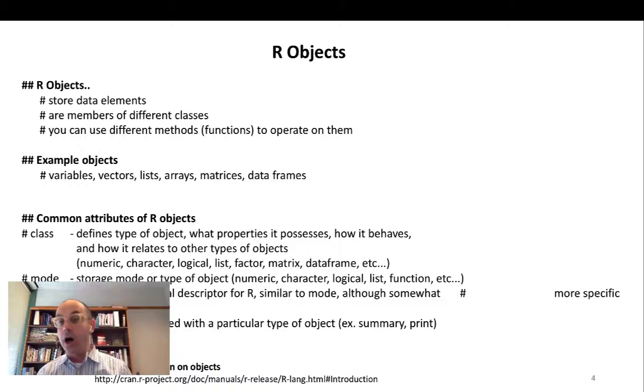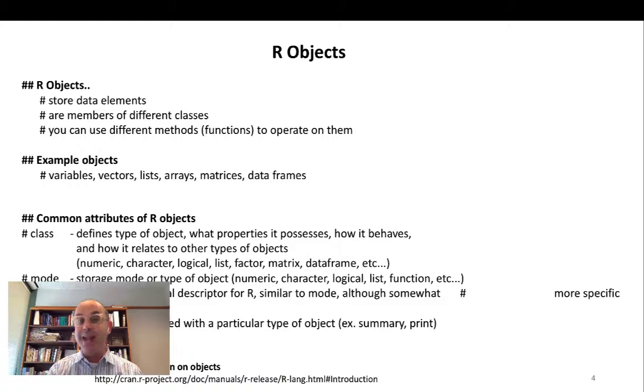So what are objects? It's the idea of R storing data elements. For example, you will see different classes that store different data elements, but you can also use different methods to operate on them. Examples of an object are a vector, or a list, or, as we did last time, a matrix, or a data frame.